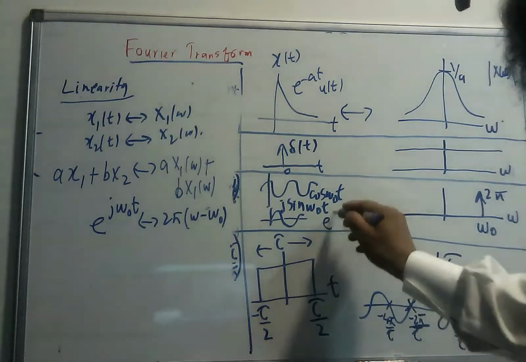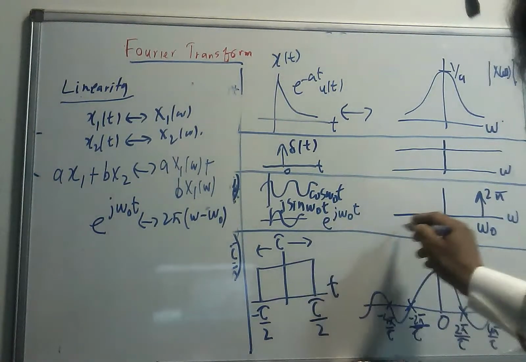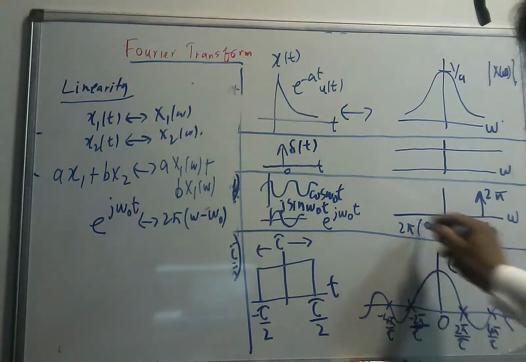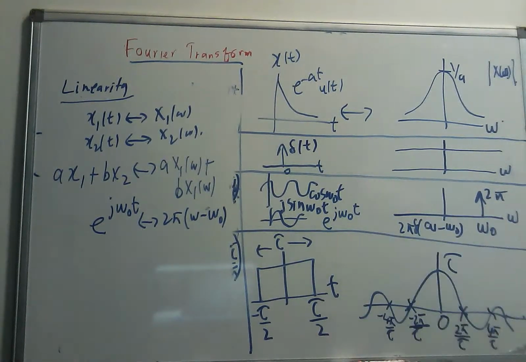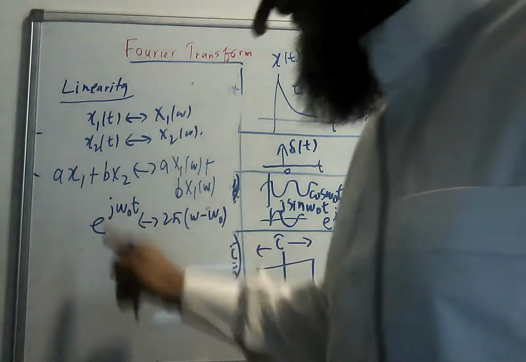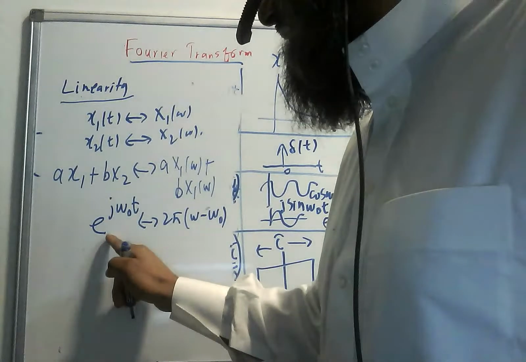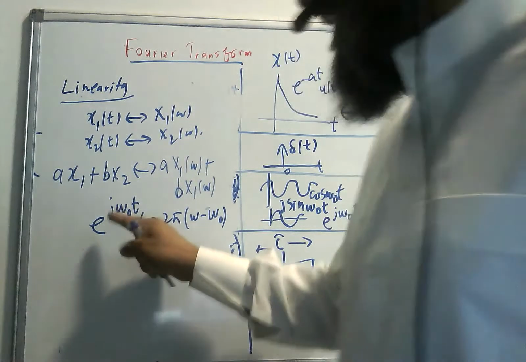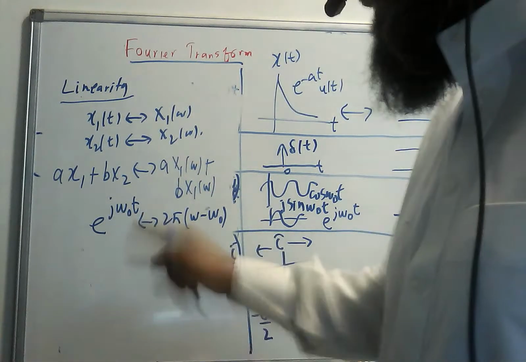So if I have e raised to j omega naught t, the Fourier transform is 2 pi delta of omega minus omega naught. We also know that cosine is the sum of two exponentials, plus and minus.